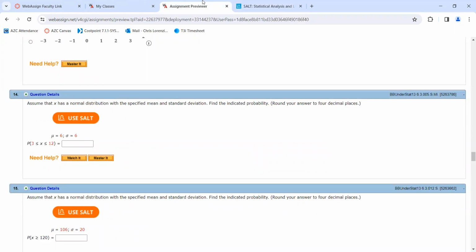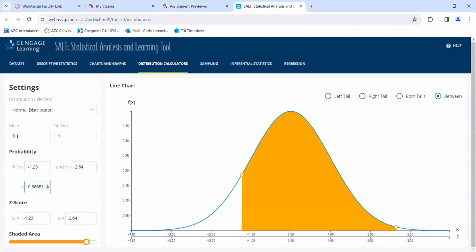If we take a look at number 14, we're seeing something in between again, just like we did on the previous one. And when we look at number 15, we're seeing something that is greater than. So we're going to take a look at how to do both of those in here. Should be relatively straightforward.